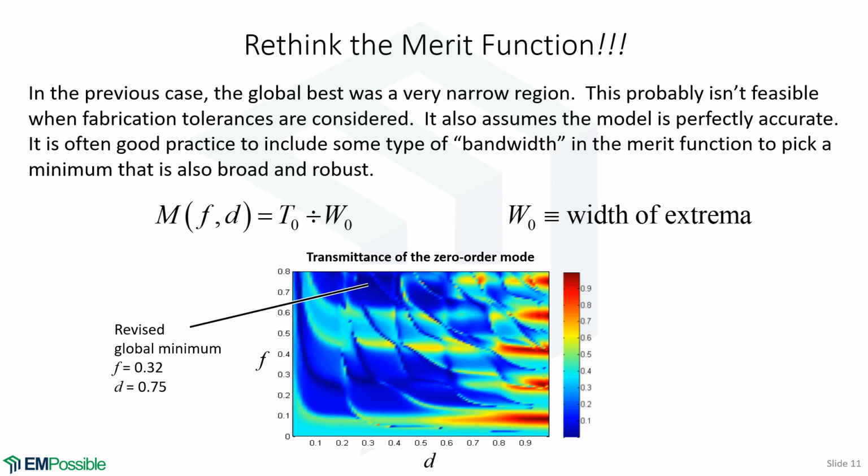In which case, when we start considering that, maybe up here looks better. So very often in our optimizations, we not only consider the parameter that we're optimizing, but some kind of bandwidth, or how much tolerance we have in that, because we want to design a device that's easy to make and won't fail if we don't make it exact. So there's a lot more to think about in the merit function.